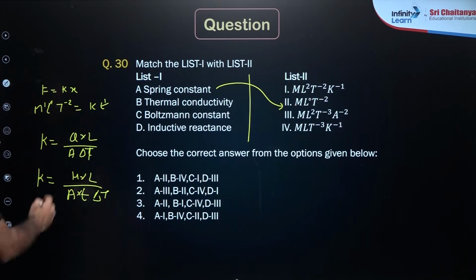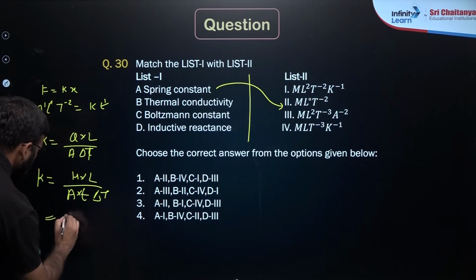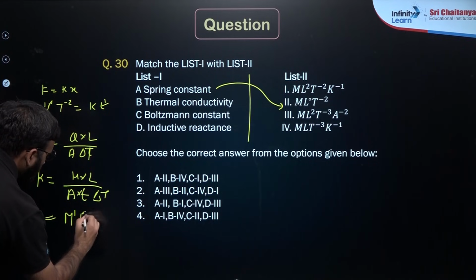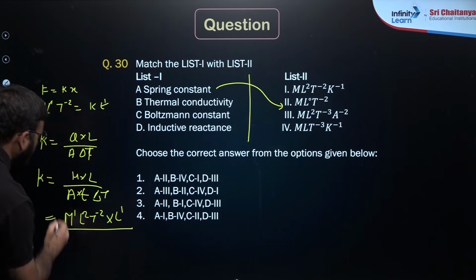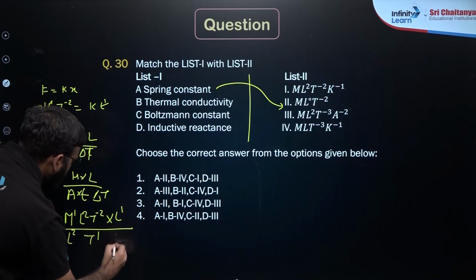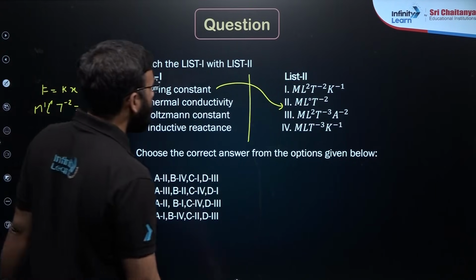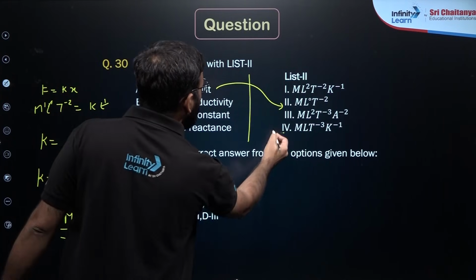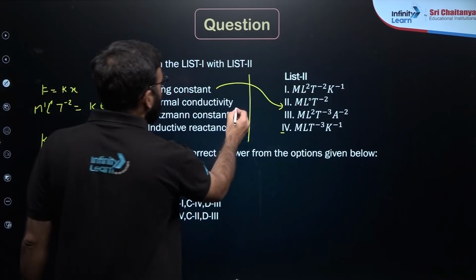So heat is M L2 T minus 2, and L is length. So M1 L2 T minus 2 into L1 divided by area L2, time T1 and temperature in Kelvin. Just solve this one. So L2 and L2 cancel out. So M1 L1 T minus 3 K minus 1. So second one matches with my fourth.